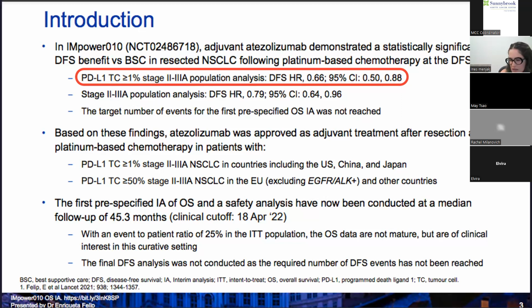However, I think in Ontario, the approval is not authorized yet. Here in this presentation, Dr. Enriqueta presents the first pre-specified interim analysis of overall survival at a median follow-up of 45.3 months.